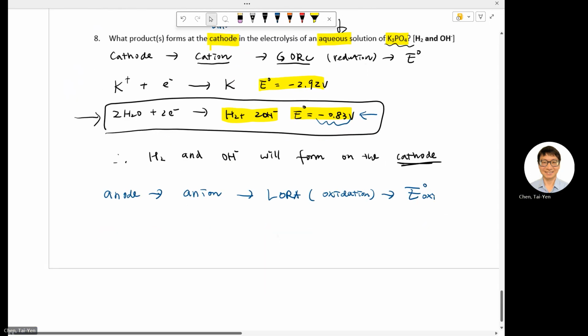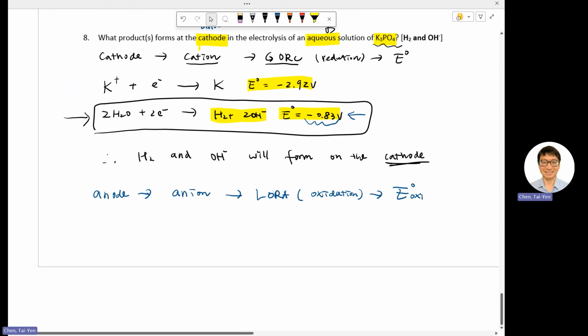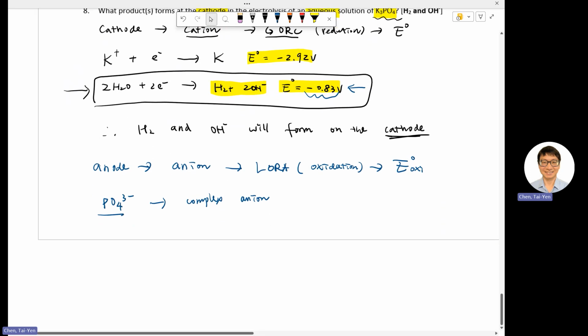The anion you're going to have here is PO4 3 minus, which is a complex anion, so basically you can ignore its presence. But since right now you have water at the anode, you're going to oxidize your H2O.